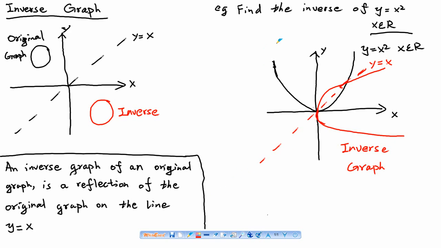In math methods, you not only have to draw the inverse graph, but in most cases you have to state the mathematical equation of the inverse graph. Now let me show you how to do it.